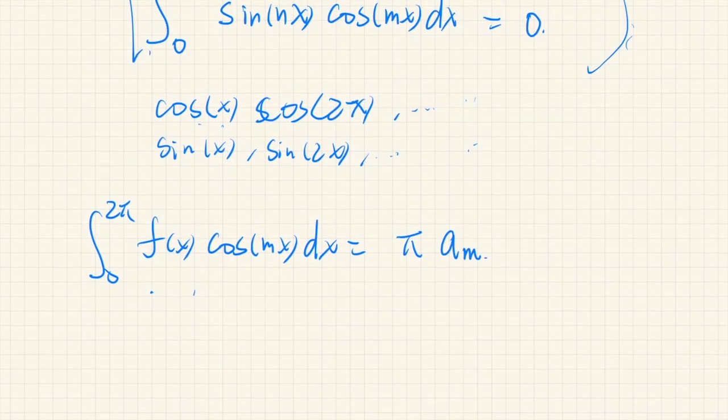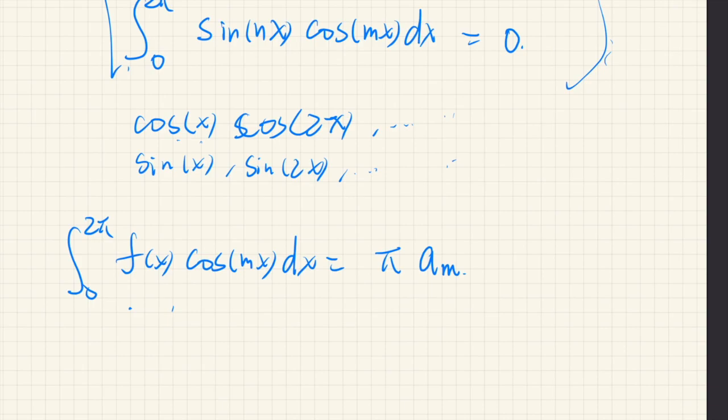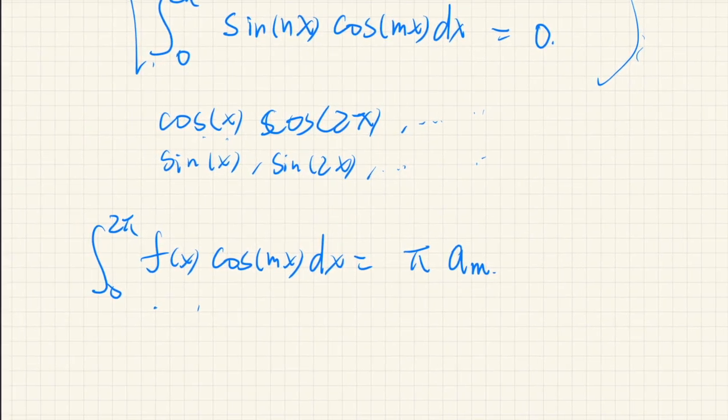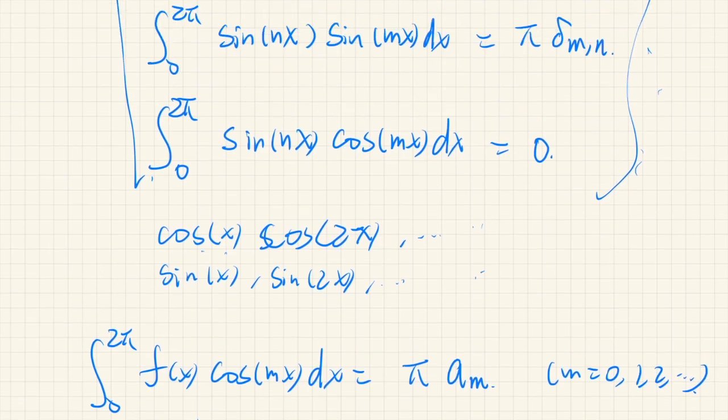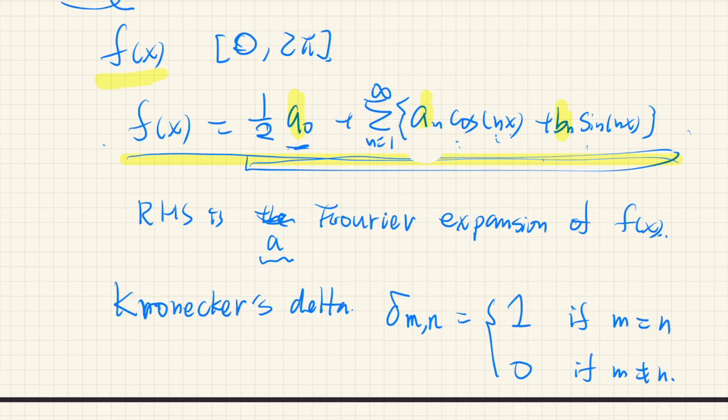This also applies when m is equal to 0, so m is 0, 1, 2, and so on. If m is equal to 0, then cosine 0 is just 1.